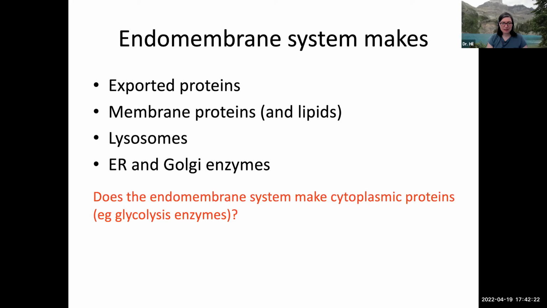Does the endomembrane system, which we know makes proteins, make proteins that are going to stay in the cytoplasm of the cell, such as glycolytic enzymes? Yes or no? Now for this one, you cannot pass. Just make a vote, even if it's a total guess, and see where we stand to begin with. Does the endomembrane system make all the protein basically in the cell, including the cytoplasmic protein? Yes or no?